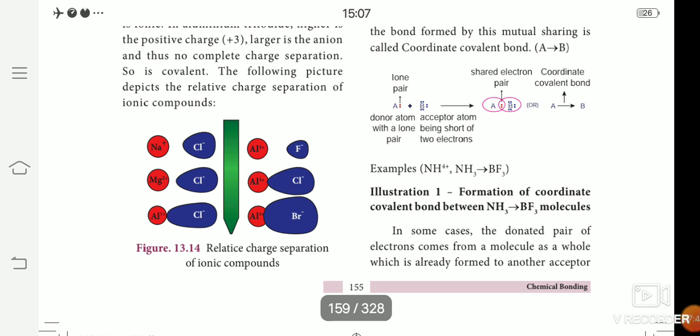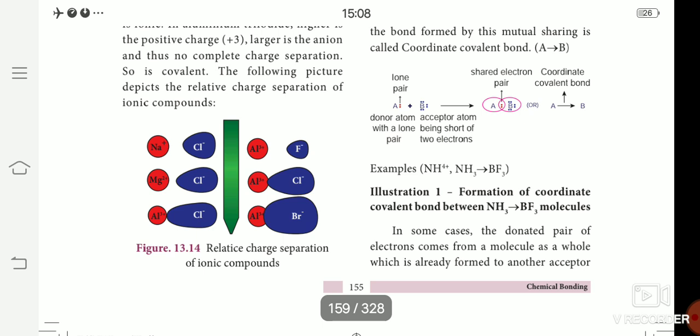So today we studied the characteristics of ionic compound and covalent bond, then examples of covalent bond, and characteristics of covalent bond and Fajan's rules. So all of you study. Your homework: all of you write about the covalent bond. What is covalent bond, and any one example, and one more example. Write in your homework note.